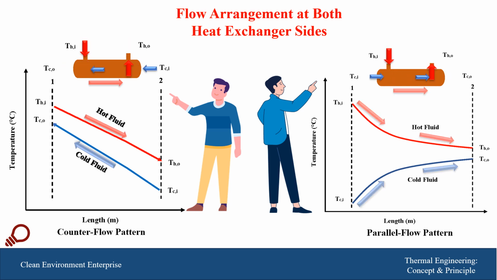On the contrary, if we have a look at the right hand side graph, the cold fluid enters at T sub Ci, then leaves at T sub Co, which has no possibility to be higher than the exit temperature of the hot fluid.